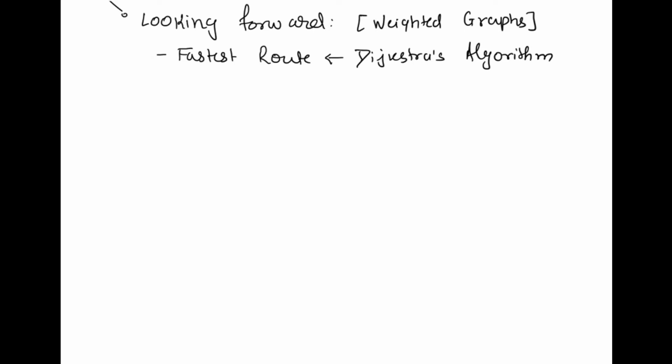And now I'll quickly name the problems or keywords that you might want to look up if you are looking to explore further in weighted graphs. So after the fastest route, Dijkstra's algorithm, you might want to check out the currency exchange problem. And for that, we use the Bellman-Ford algorithm.